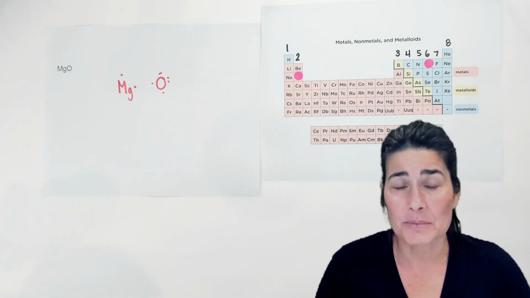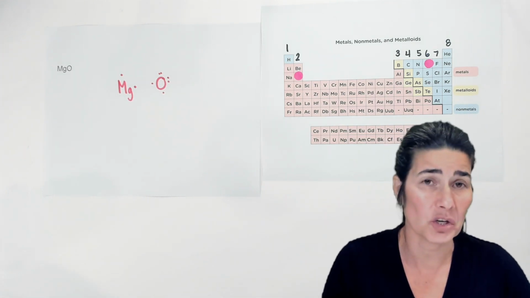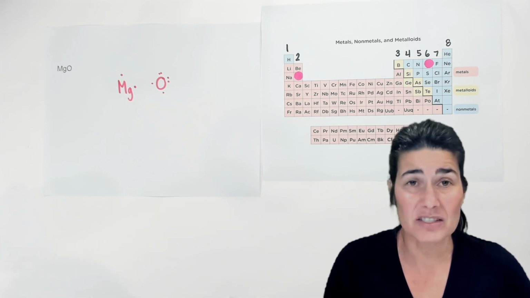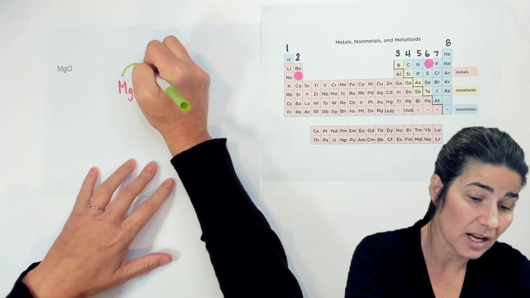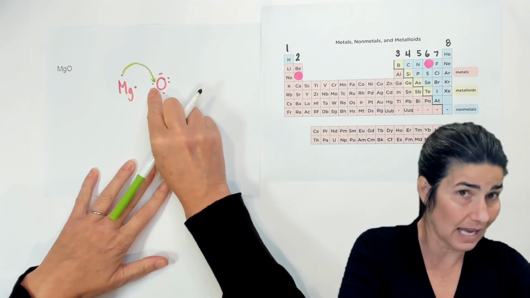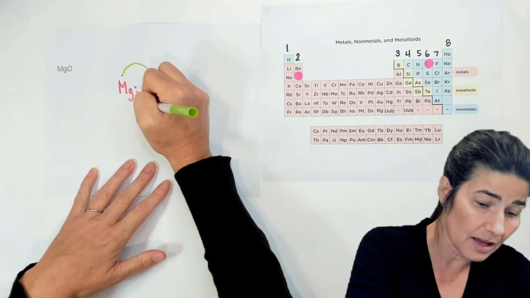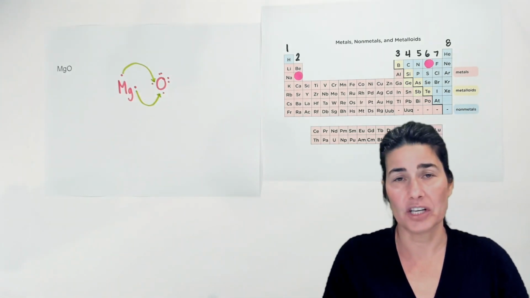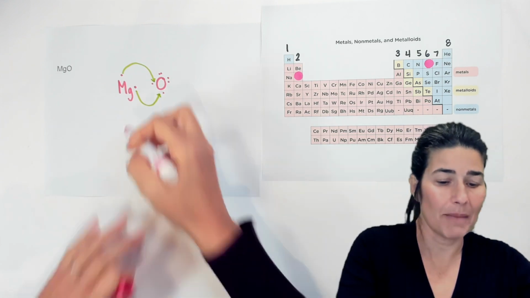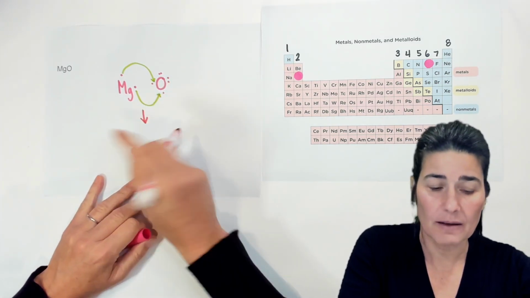Well, magnesium's barely holding on to its 2. So oxygen steals them and rips them off of magnesium. So one of the electrons goes to complete this side of oxygen. The other electron goes and completes my bottom side of oxygen. Now at this point, my answer is going to look like the following.